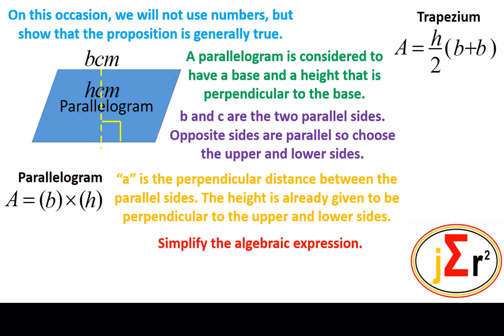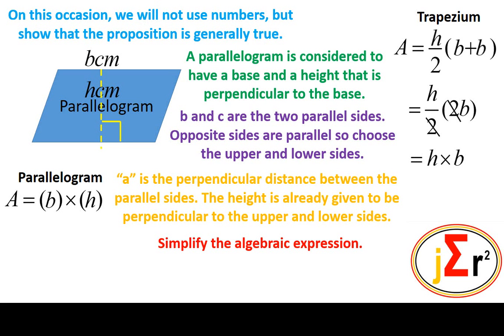Simplify the algebraic expression, and the first thing that we will do is consider that B plus B is 2B. Next, we will simplify by a common factor of 2. Those are cancelled, and all that we have is H times B, of course, that we know to be B times H. Multiplication is commutative.